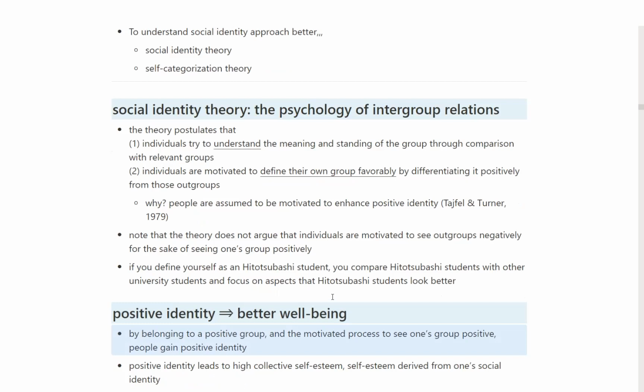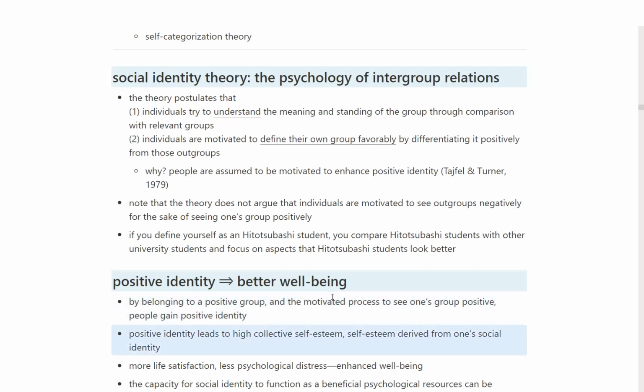And this is why belonging to a group actually leads to better well-being. This is through the process of seeing one's group positively. People are innately motivated to see their group positively. By belonging to a positive group, people gain positive identity, and then people can develop better well-being.